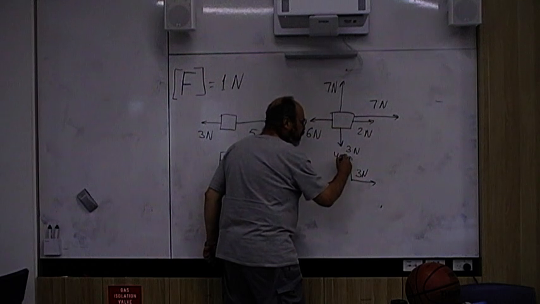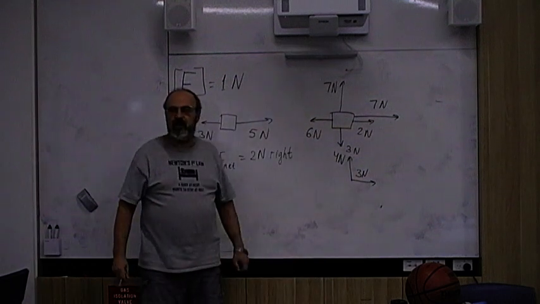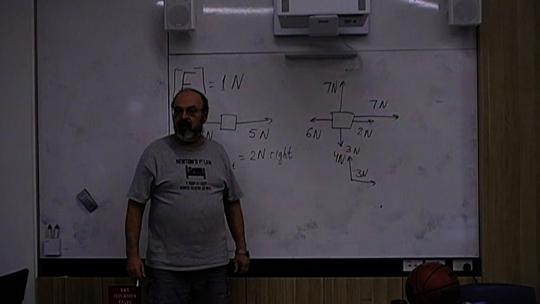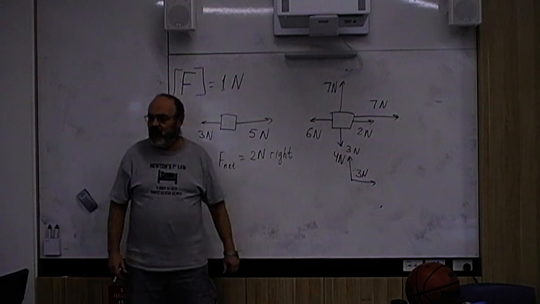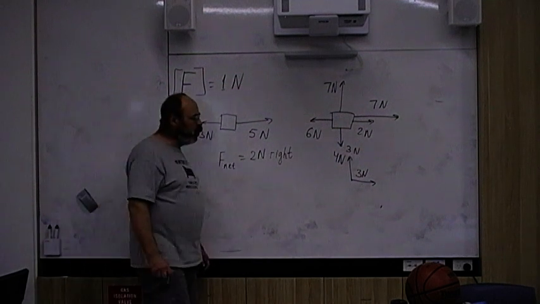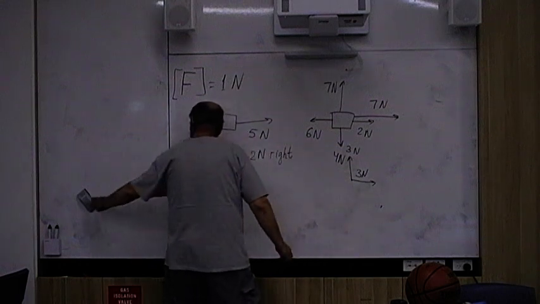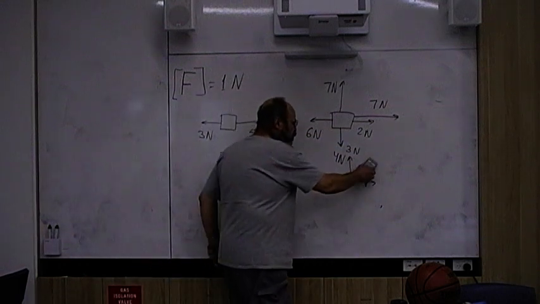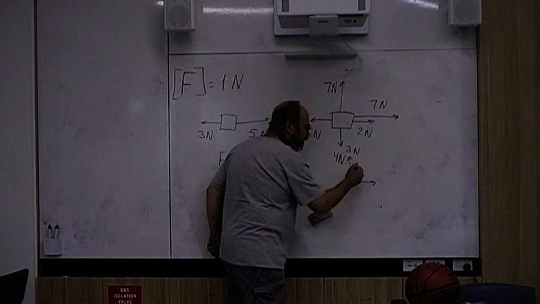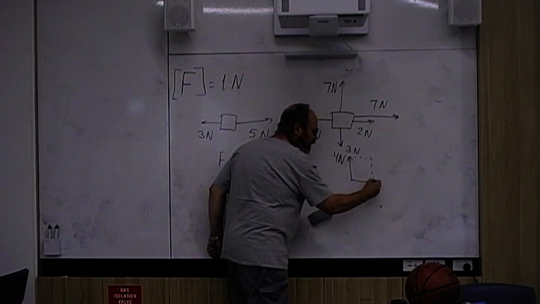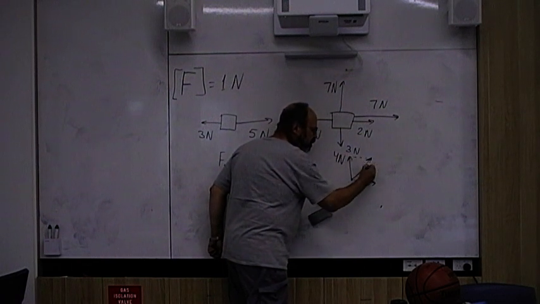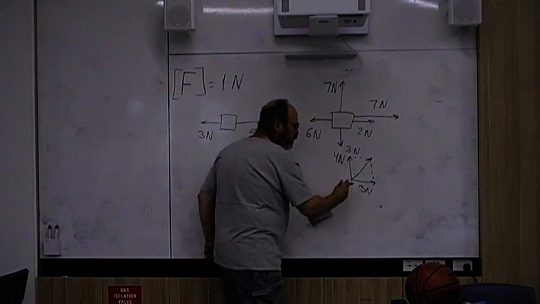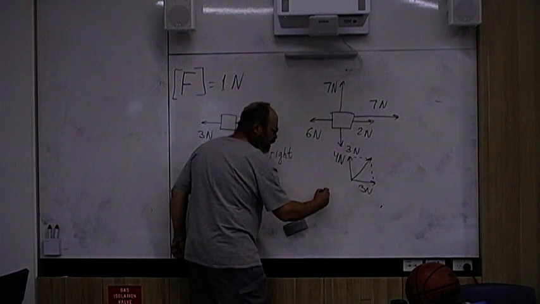How can we now find the total, overall force? Using Pythagoras. If we have 3 newtons to the right and 4 newtons up, the total will be this, and the length of this we can find using Pythagoras.